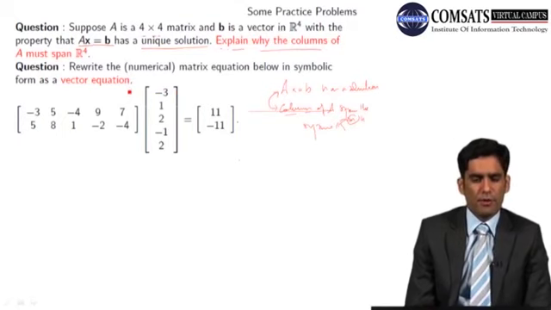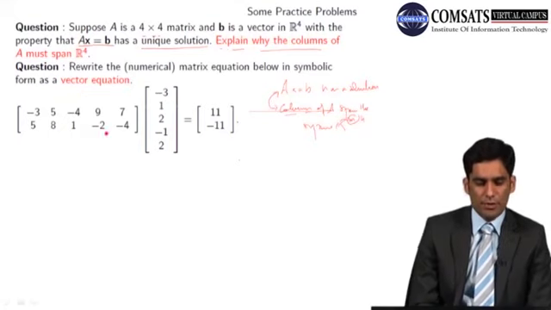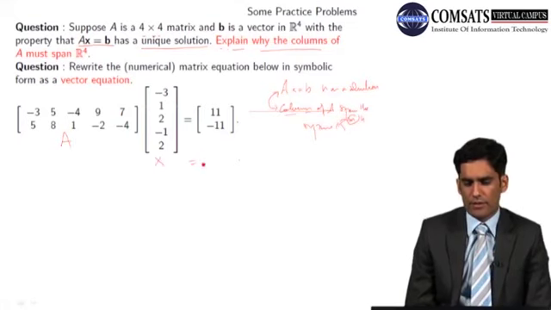The second practice problem is: rewrite the numerical matrix equation below in symbolic form as a vector equation. You are given this matrix equation. Here A is this one, X is this one, and your B is this one.